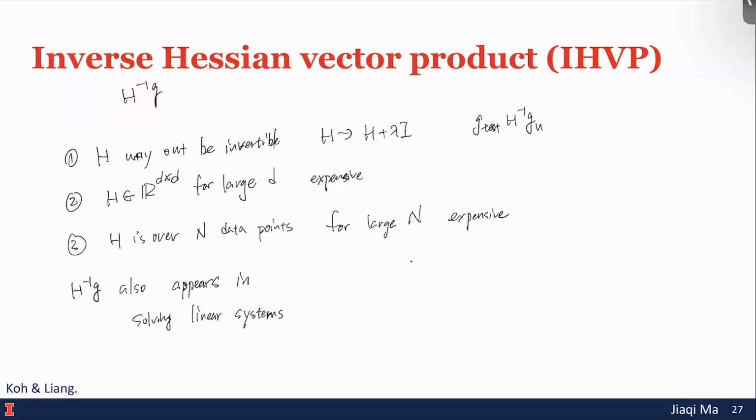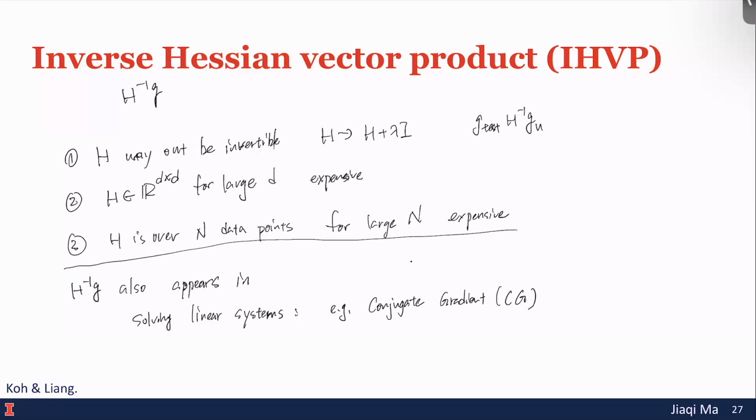So some solutions for efficiently solving linear systems can be used, for example, conjugate gradient, CG. So you'll see influence function based on CG. But the problem is that it still doesn't solve the third challenge, that H is over n data points.